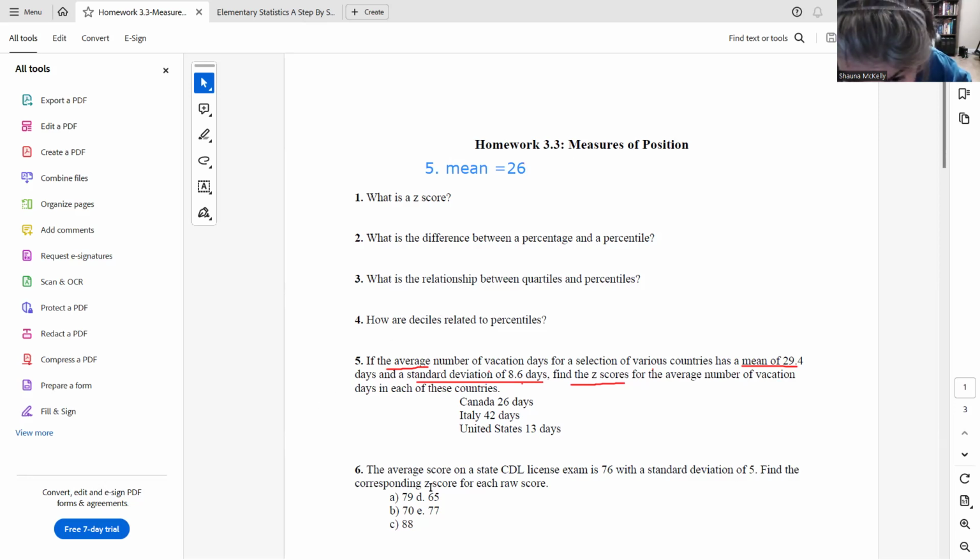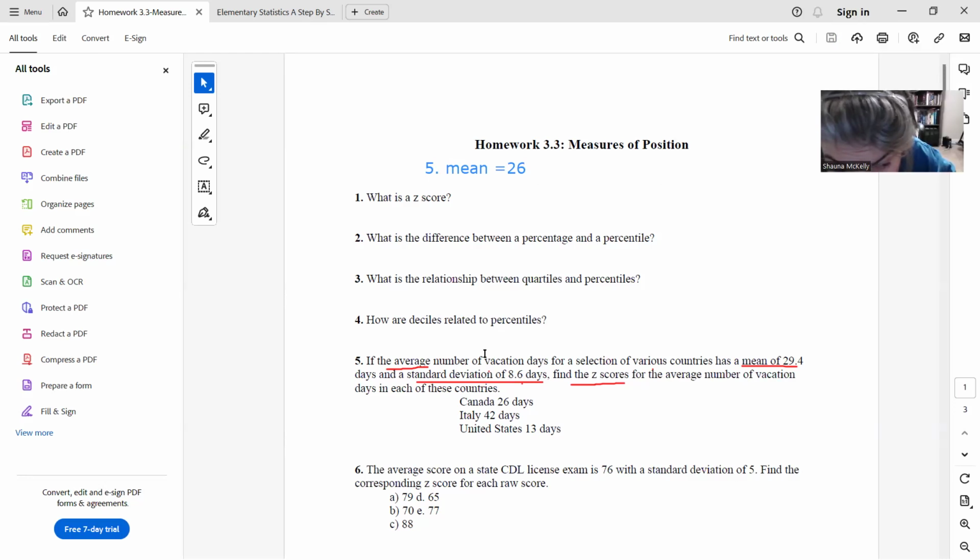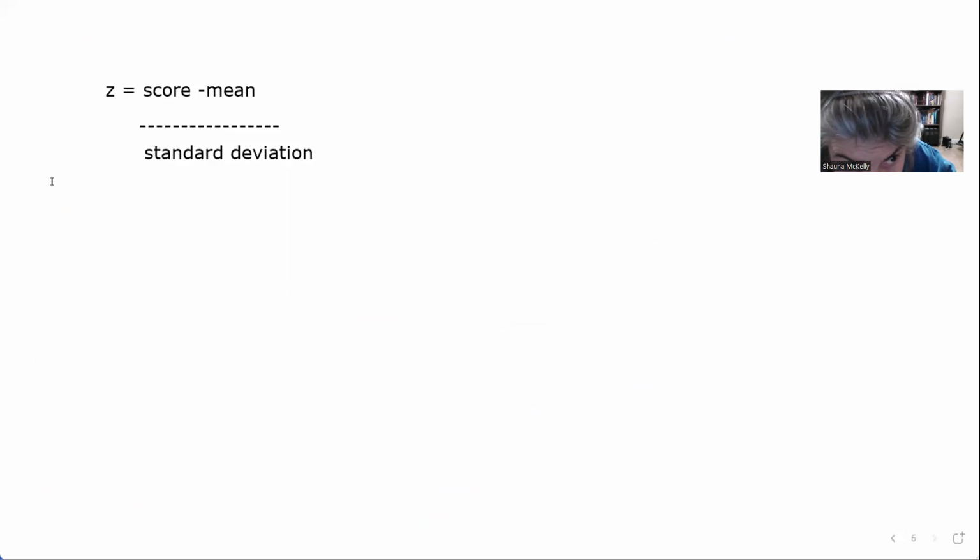So what we're going to look at here is this number 5, and we're doing Canada right now, okay? So I'm doing Canada here.